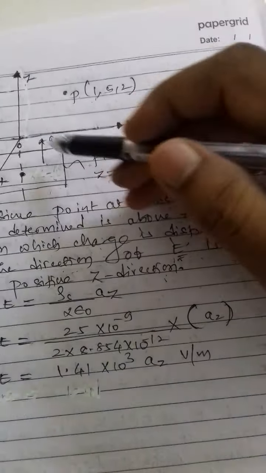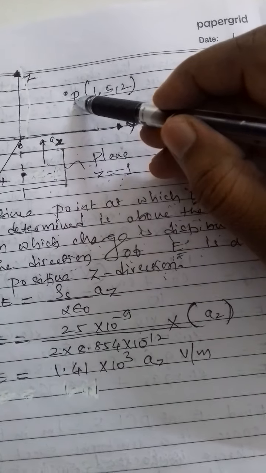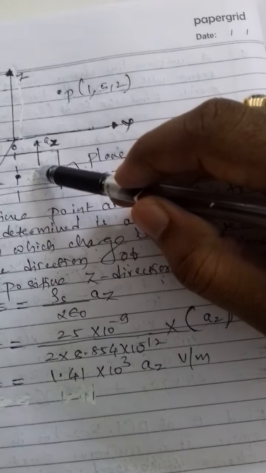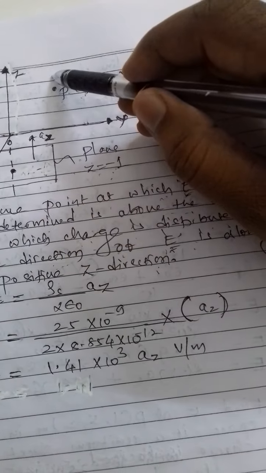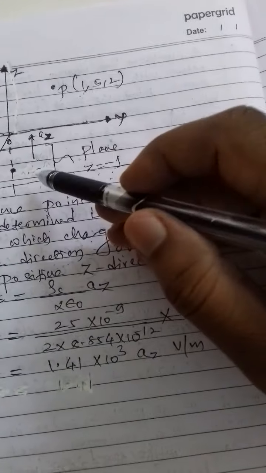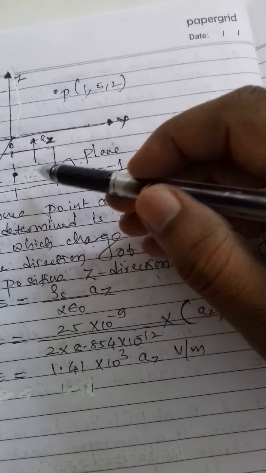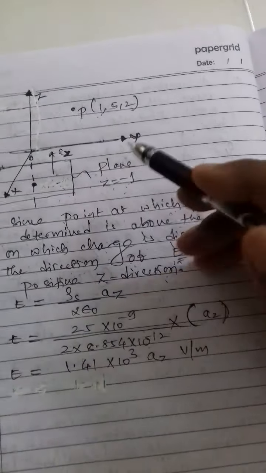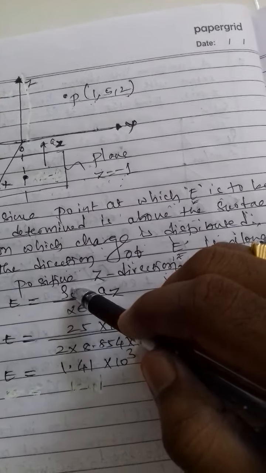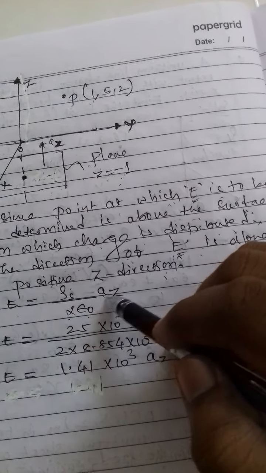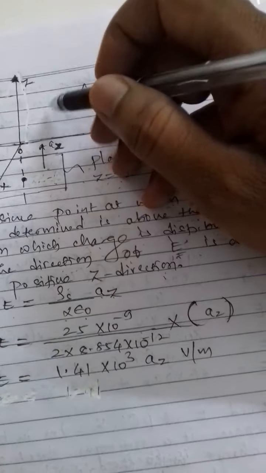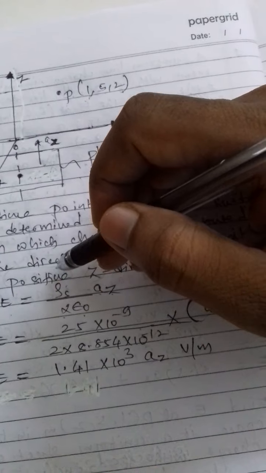One thing to note is that P is at this point, the surface is at this point, so the direction of the electric field intensity is along positive z, not along negative z. So the electric field is E = rho_s / (2 epsilon_naught) a_z. You just have to think about whether it is in the positive z direction or along the negative z direction.